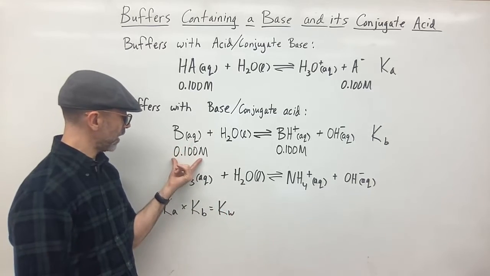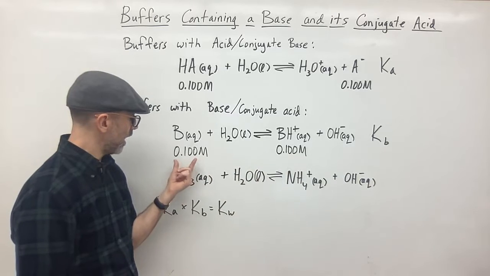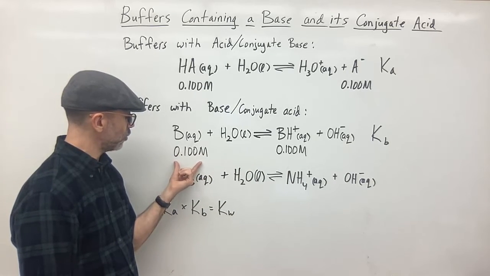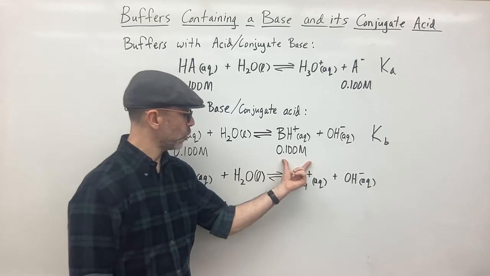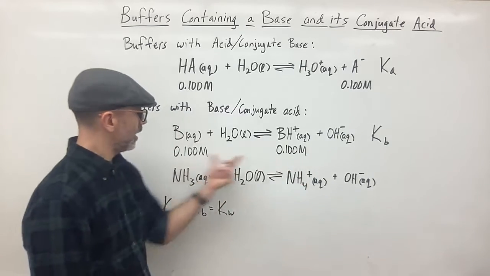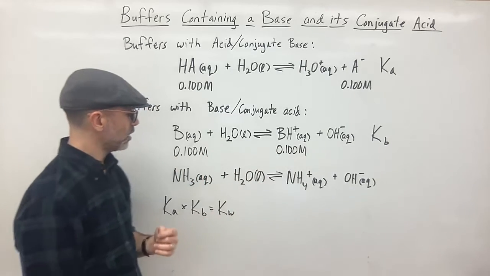This would be your base, this would be the conjugate acid, and here you would have 0.100 molar of your base and 0.100 molar of your conjugate acid. Again, it works the same here, but the species are different.